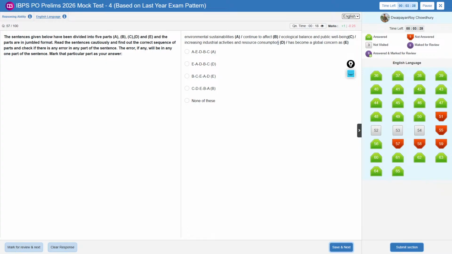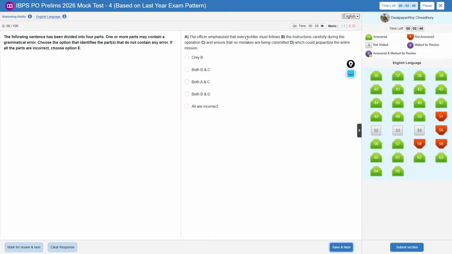So BD. Consumption, okay, has become a global concern as public well-being. Okay, environmental sustainability has become a global concern as increasing industrial activities and resource consumption continue to affect the ecological balance and well-being.